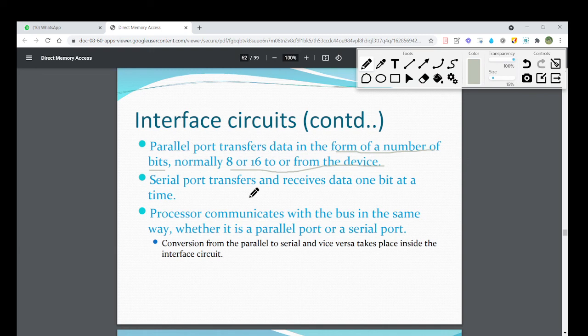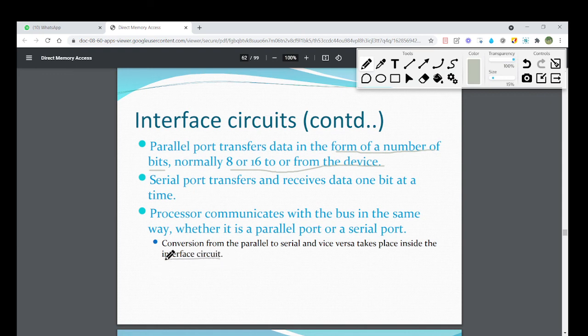The processor communicates with the bus in the same way whether it is a parallel port or a serial port. At the end of the processor, it never comes to know whether it is a serial or a parallel port. It considers that whatever it is, its way of communication remains the same. The conversion from parallel to serial and vice versa takes place inside the interface circuit.